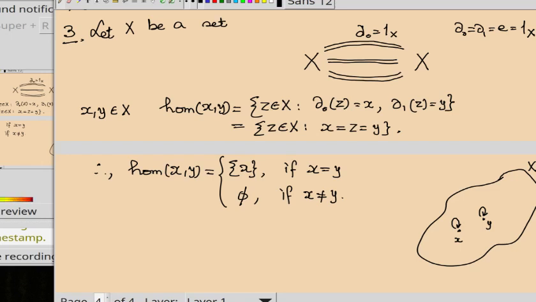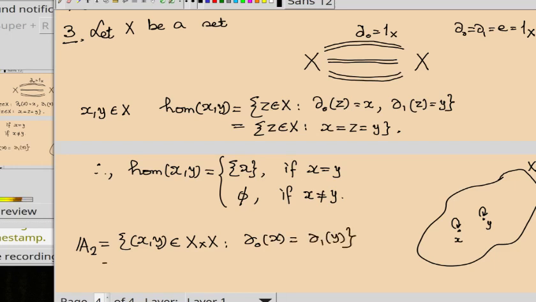Okay, so therefore, if this is the picture, what will be my composable morphisms? So this will be pairs (x,y) from X cross X such that partial 0 x is equal to partial 1 of y, which means x is equal to y.